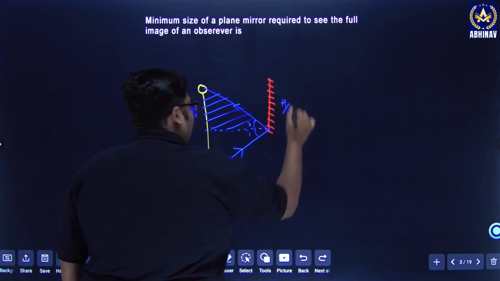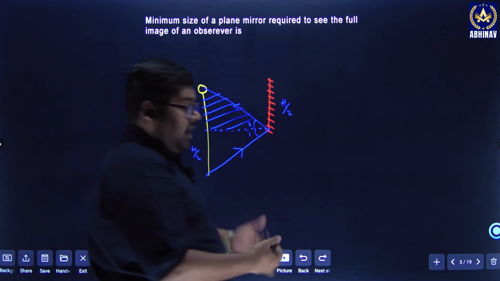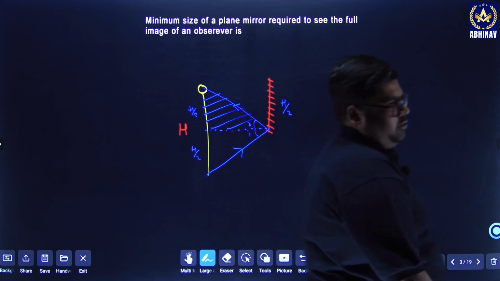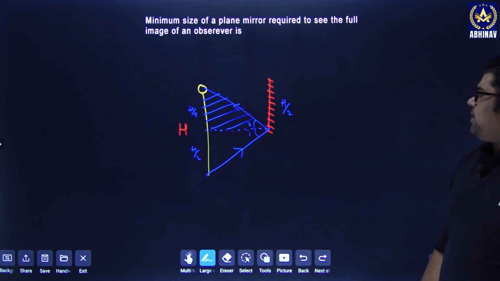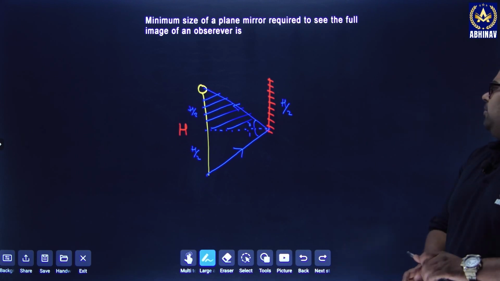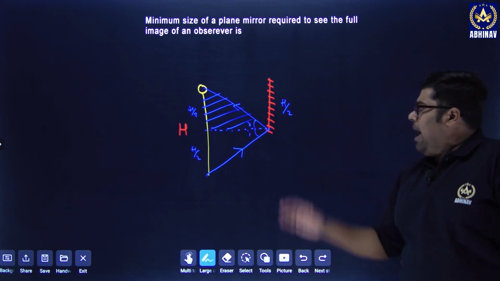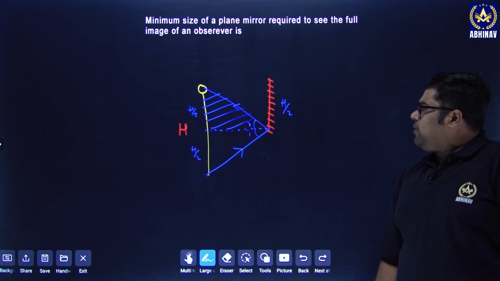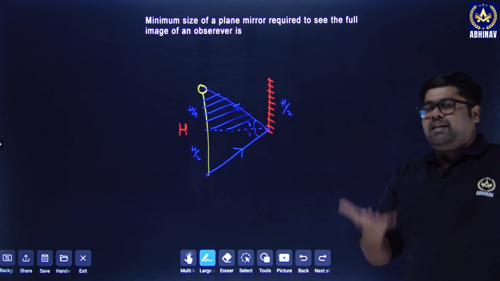It is half of the height of a person. Remember that questions are asked on this concept also. Okay, we'll see what kind of questions have been asked previously. Some of the PYQs are based on this concept, that the size of the mirror should be half the height of the person for the person to see his complete image.